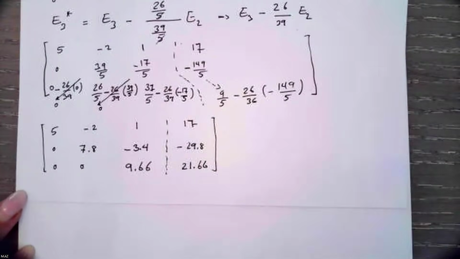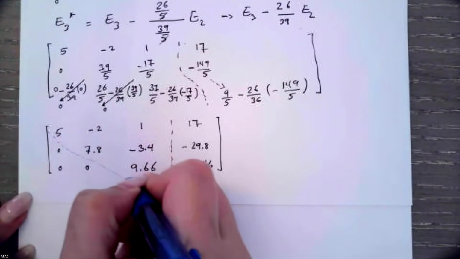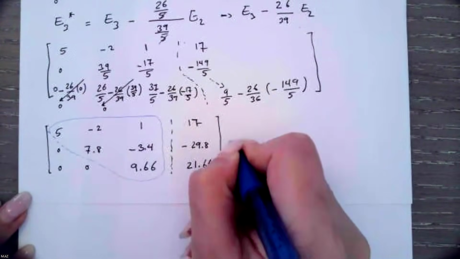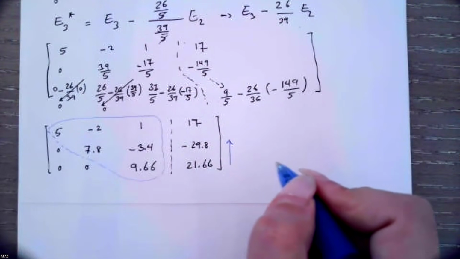As you can see, now the matrix of the coefficients becomes upper triangular, okay? And by back substitution, we can find each of the variables.